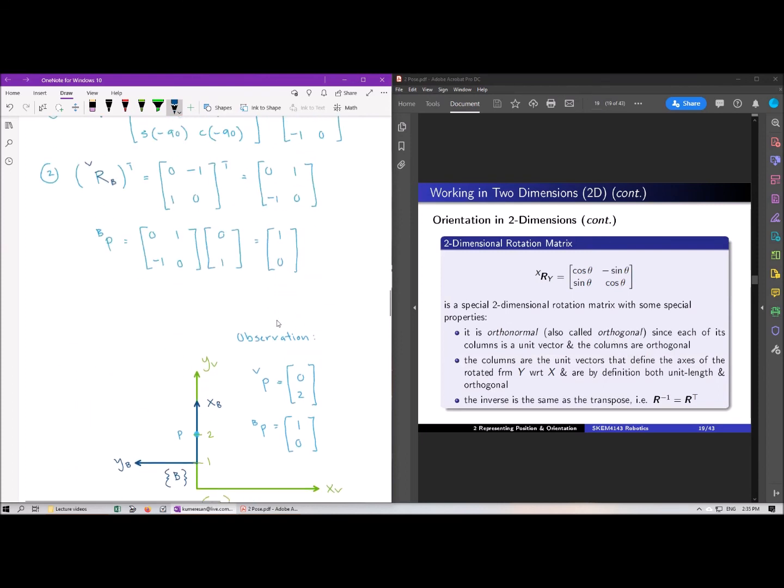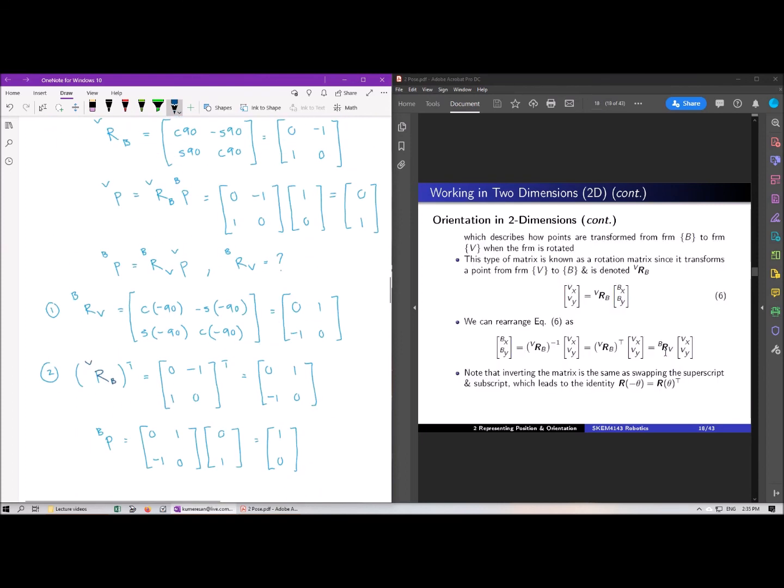Maybe I should explain another thing here. This leads to the identity R minus theta equals R theta transpose. Indeed, as we see here, this is minus theta, and this is R minus theta, and this is R theta transpose.